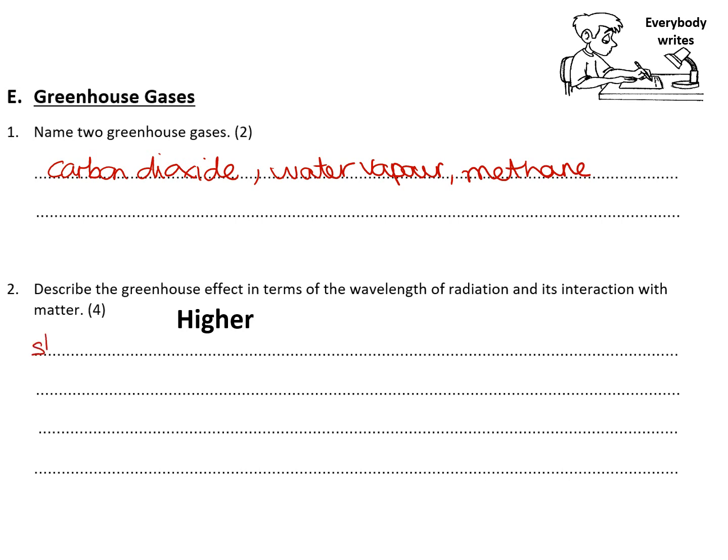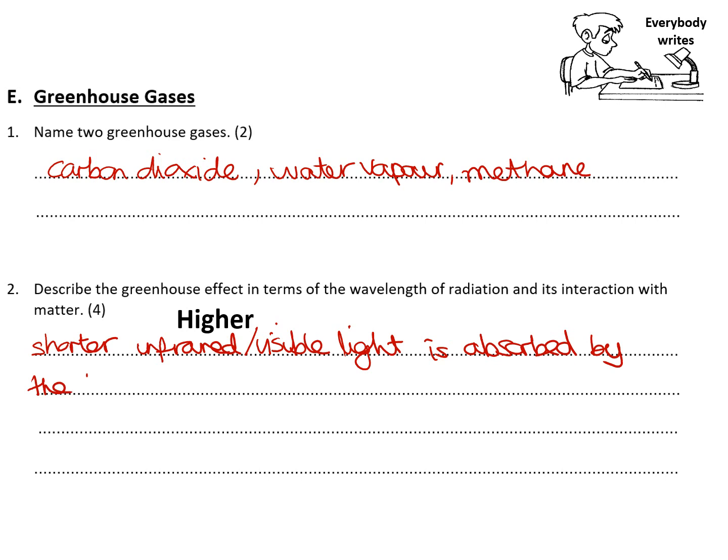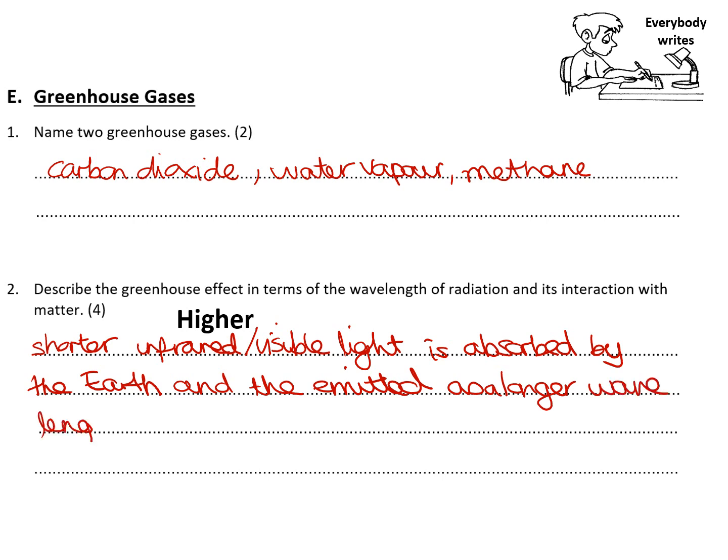So we've got shorter infrared, or actually visible light will happen as well, is absorbed by the Earth and then emitted as a longer wavelength. And absorbed by the greenhouse gases.